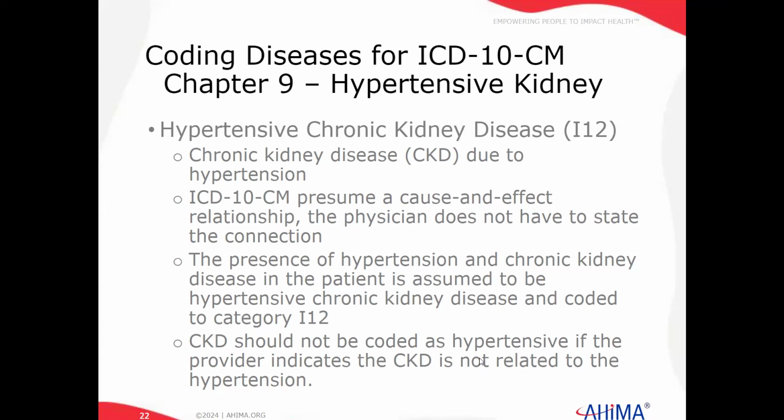The presence of hypertension and chronic kidney disease in a patient is assumed to be hypertensive chronic kidney disease and goes to code category I12. Chronic kidney disease is not coded as hypertensive if the provider indicates the chronic kidney disease is not related to the hypertension.